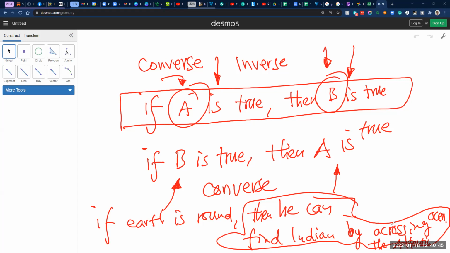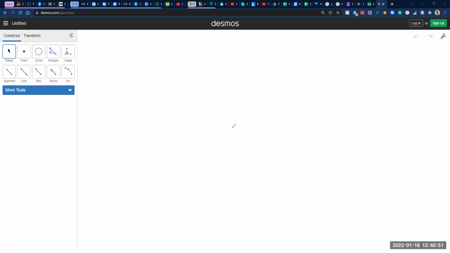Now, can you come up with an example? It's going to be a challenge. Can you think of an example in your life where you can see both the statement and the converse statement?